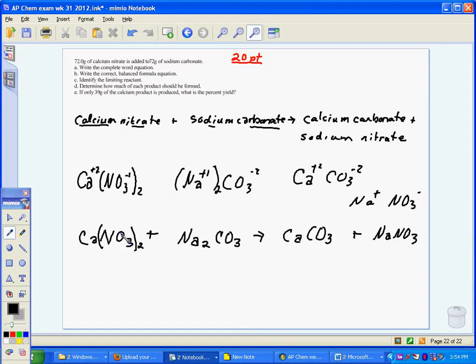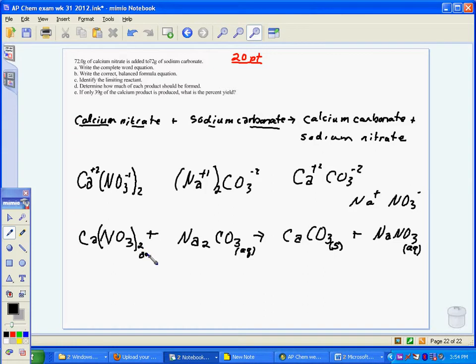I can't remember. So remember that calcium carbonate, y'all did a lab with this. It's chalk. This is going to be our solid, our precipitate. Everything else is going to be in aqueous form. So you got, I think it was a couple points if you remembered to include these little phase indicators here.